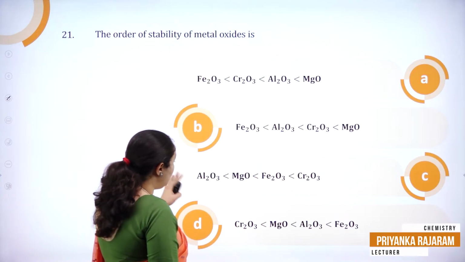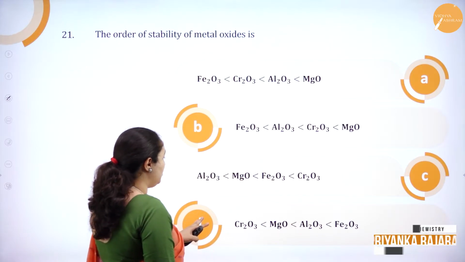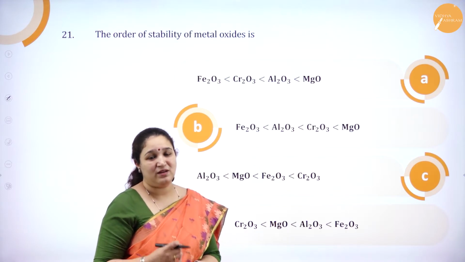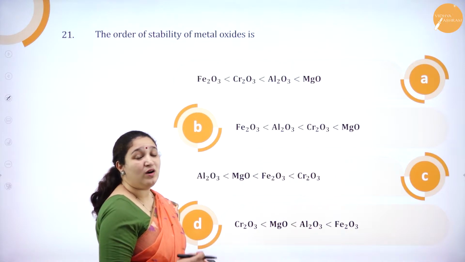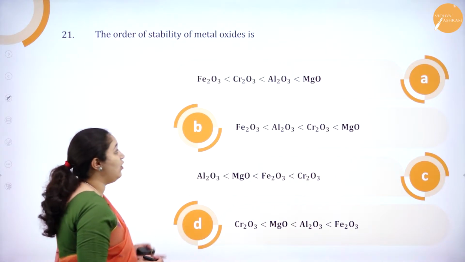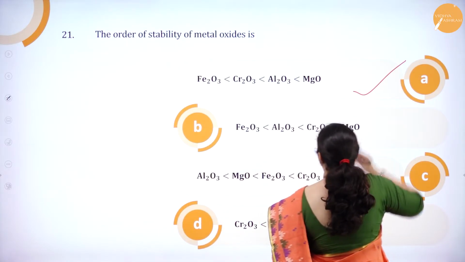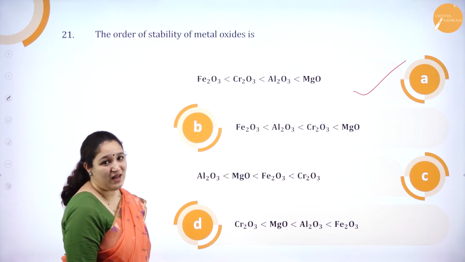Then we have Al2O3 which is the lowest, and then Cr2O3 which is the highest, and Cr2O3 and Fe2O3. You have to just know the Ellingham diagram to tick the correct answer. In that you can see the order of the stability of metal oxides is option A, which is correct. That is, Fe2O3 is the least and magnesium oxide is the highest.